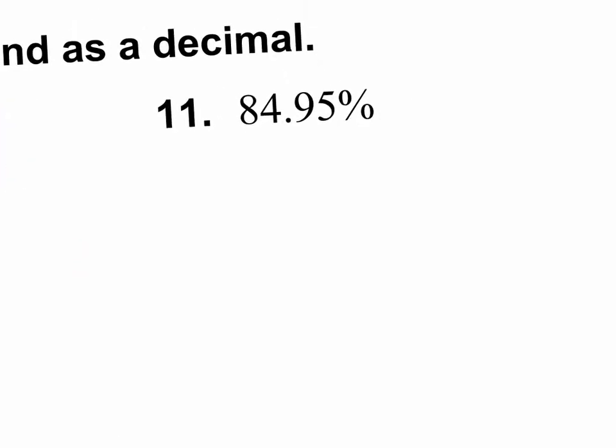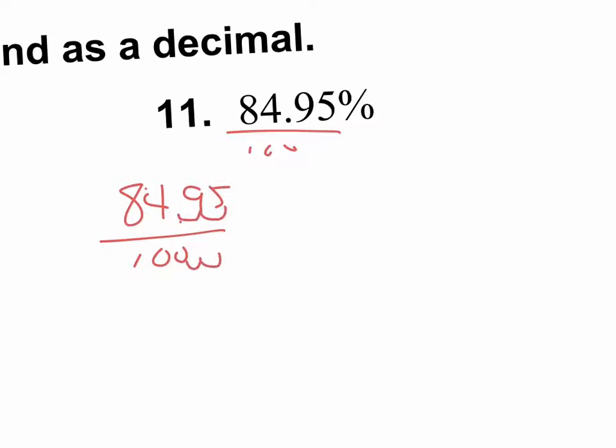All right, number 11, same thing. Percent goes over 100, so we're going to write 84.95 over 100. But then again, we can't have decimals, so I'm going to move it over twice here to get rid of that decimal. Move it over twice here. So it really becomes 8,495 over 10,000.